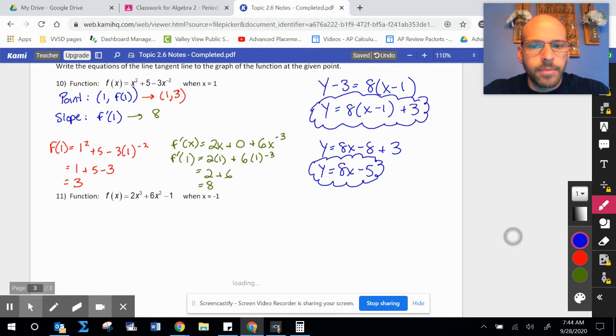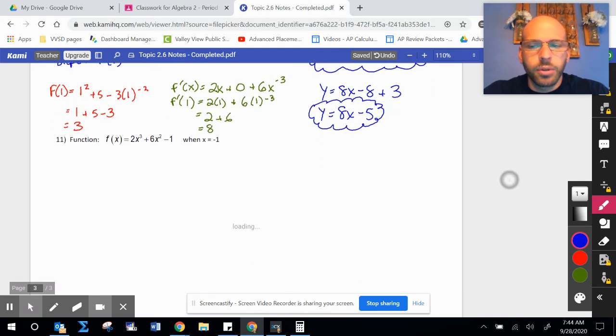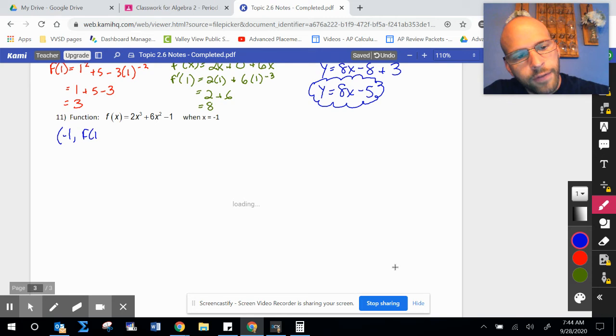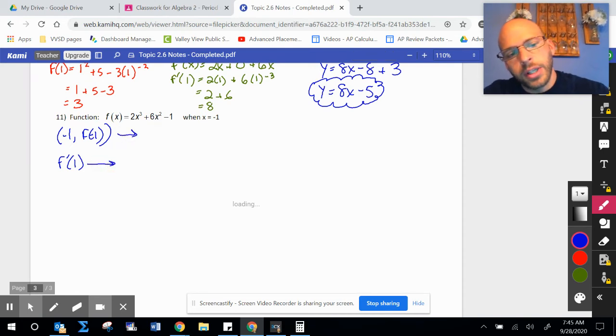Number 11, we're going to do the same thing. So again, feel free to pause it if you want to try to do it on your own. We need a point. We need a slope. So I know my point is negative 1 comma f of negative 1. And I need to figure out what f prime of negative 1 is, right? So I need these two pieces of information in order to write a tangent line.